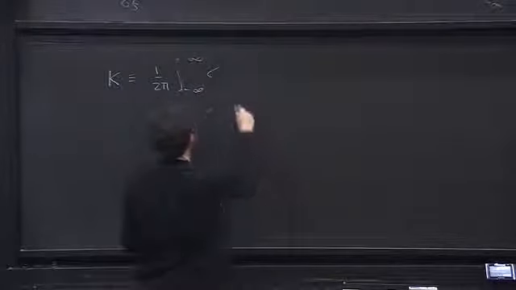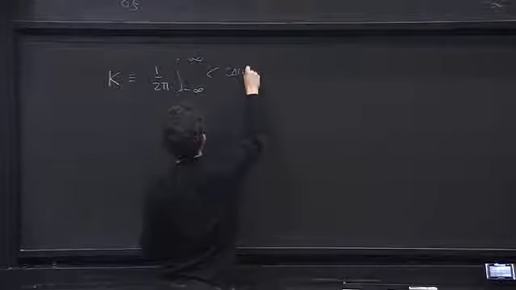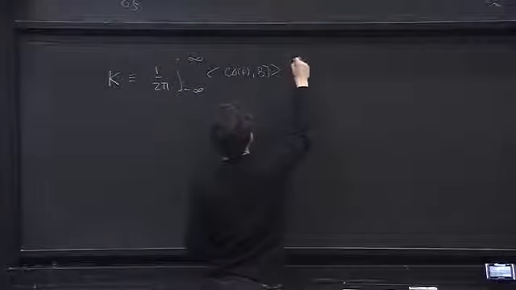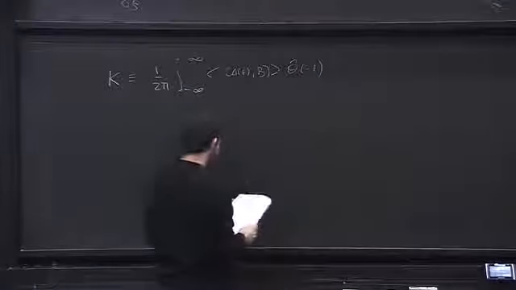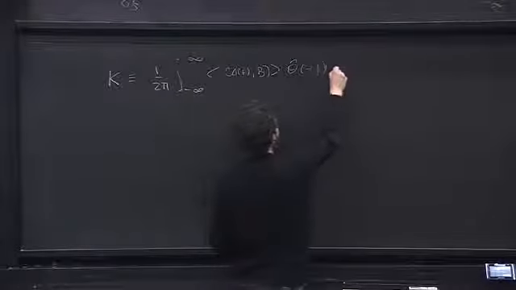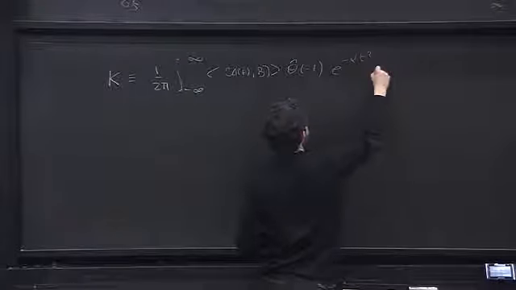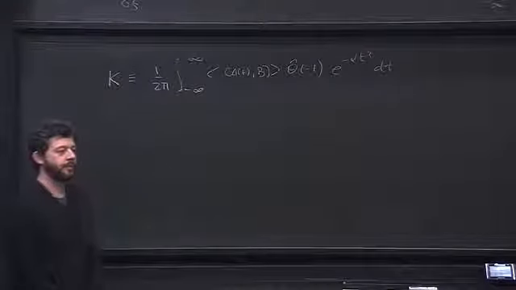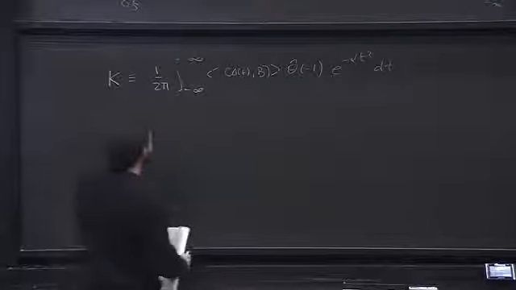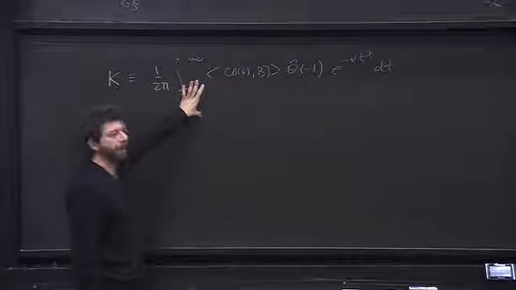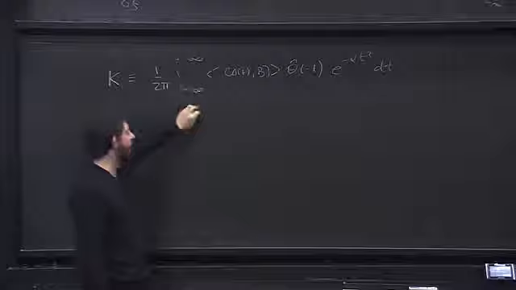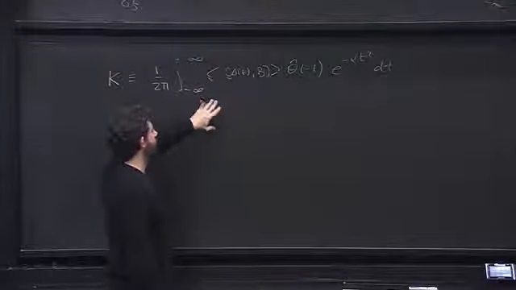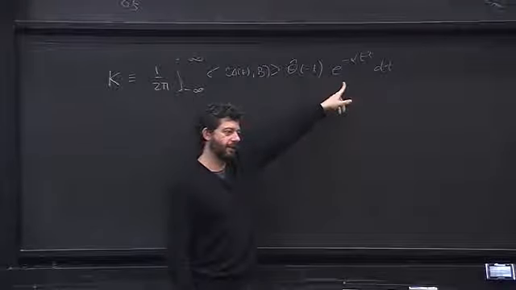So I have the expectation value of this commutator, then I have my theta minus t. But now I add a Gaussian tail, and I integrate in dt. So now I can bound this thing in two ways. In the short-time domain, I can use the Lieb-Robinson bound. And in the large-time domain, I can use this tail.